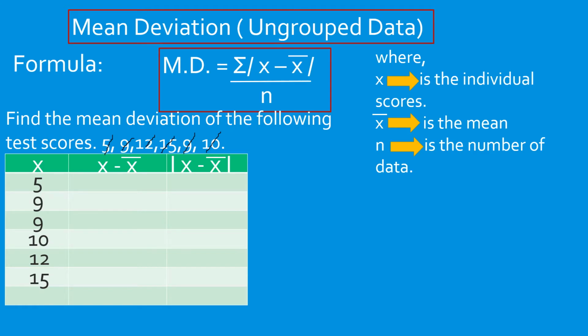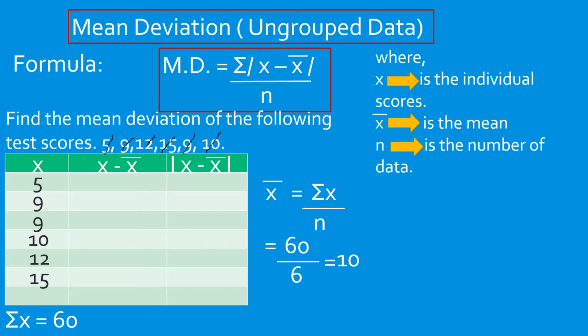The formula for mean is the summation of X divided by N, where N is the number of data. So we're going to add all of these, and that is equal to 60. The summation of X, 60, divided by 6, is equal to 10. So the mean now is equal to 10.